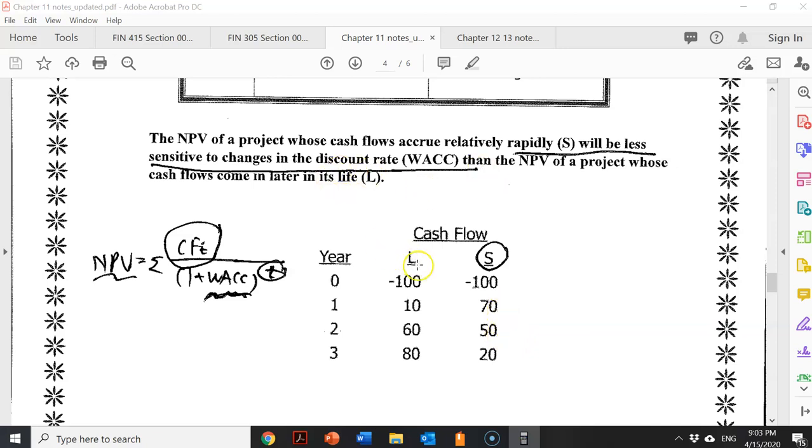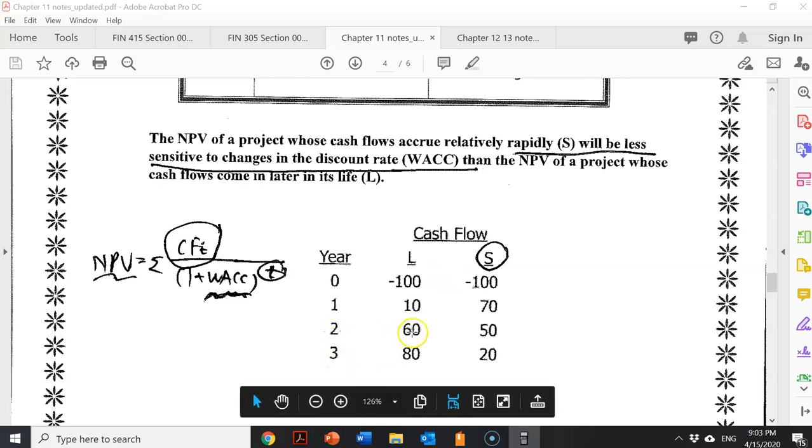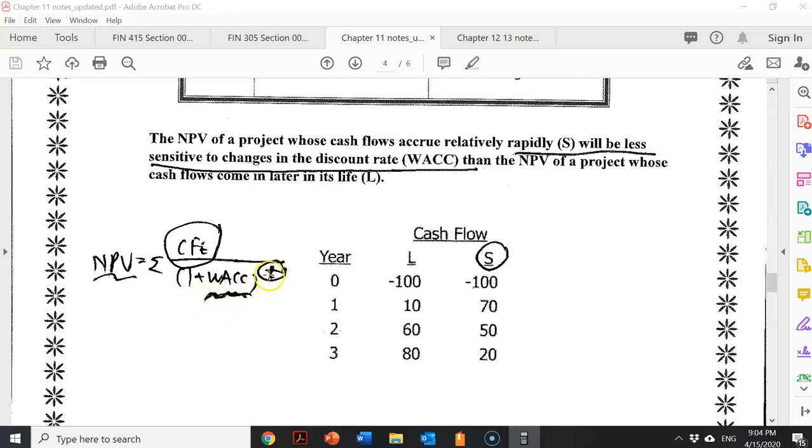For L, we have more money coming at later times in year 2 and 3, 60, 80. When we calculate NPV, cash flows are discounted by using 1 plus WACC to the power of T. So when the money comes earlier, like S, T is smaller. Okay, so the change in WACC would have a less effect on NPV.